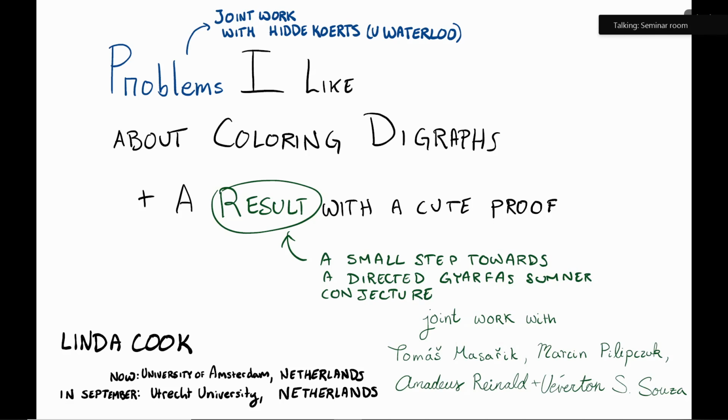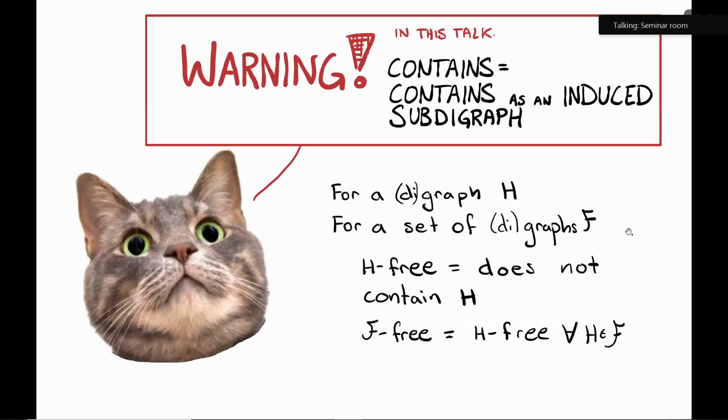Do I go like this? Okay, it's just scrollable. I did my PhD where everything was induced. I try to mention when something is induced, but I will inevitably forget. So when in doubt, I mean it as an induced thing.